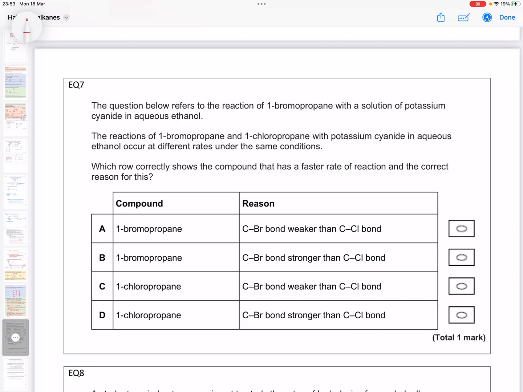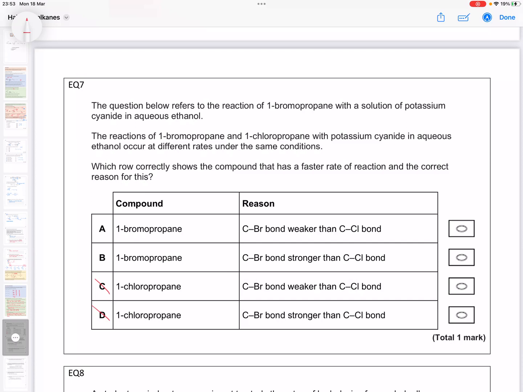So let's have a look. The ones that occur faster are going to be the bromo compounds, so I can rule out C and D. Let's look to see which one has the correct answer.